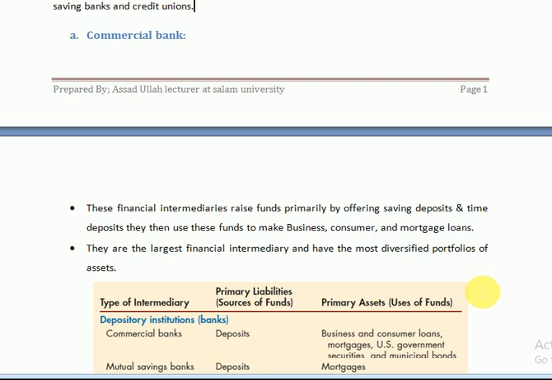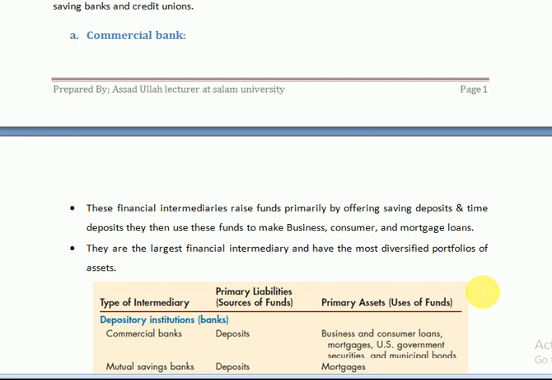Commercial banks are financial intermediaries. They raise funds by accepting deposits. They accept deposits in the shape of current accounts, saving accounts, fixed deposits or term deposit accounts.